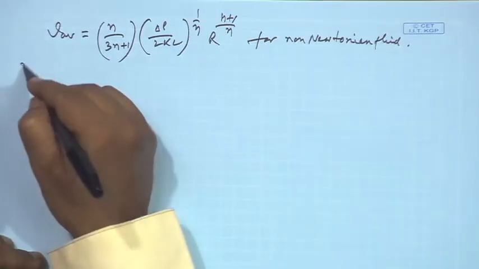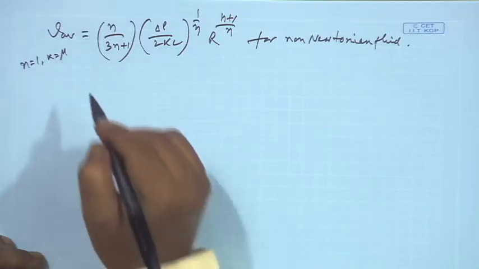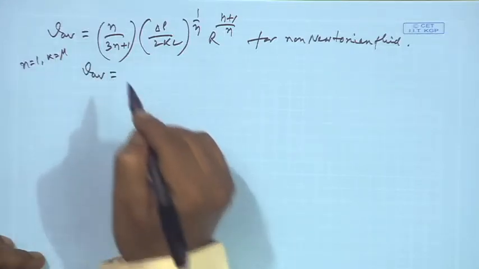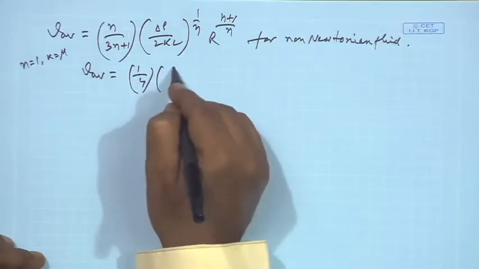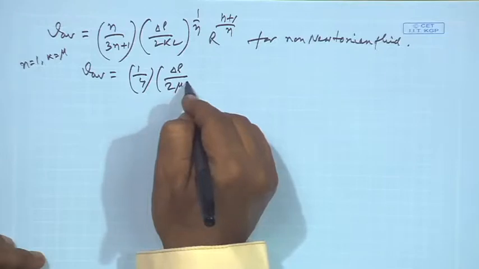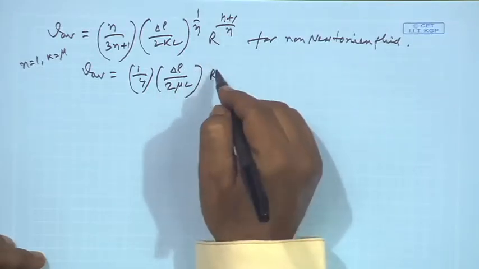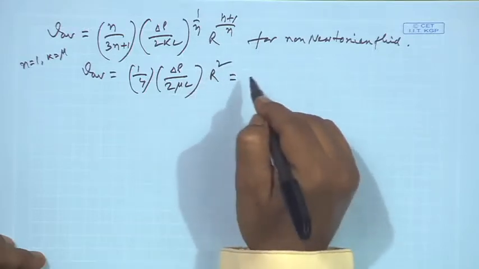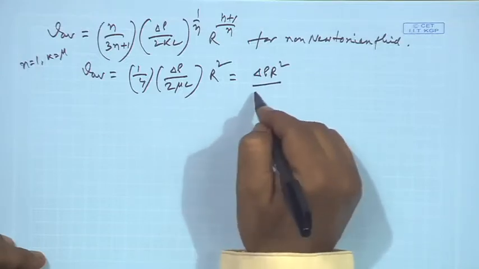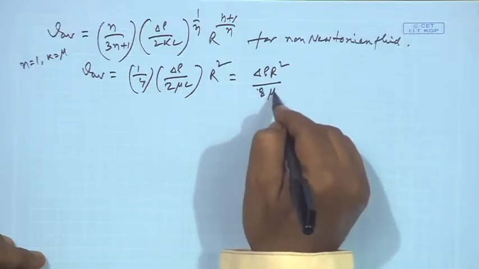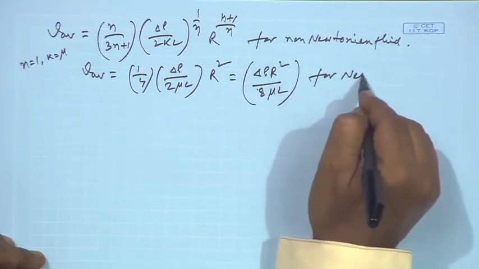Now, if we put the limiting condition n equals 1 and k equals mu, then we can write V average is 1 by 4 into delta P by 2 mu L to the power 1, R to the power 1 plus 1 by n, so R square. So, that means this is delta P R square by 8 mu L, right. So, this is for Newtonian fluid.